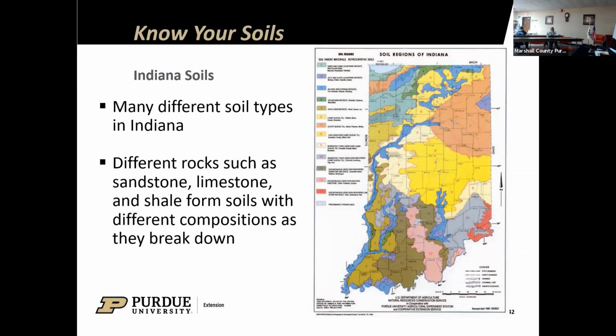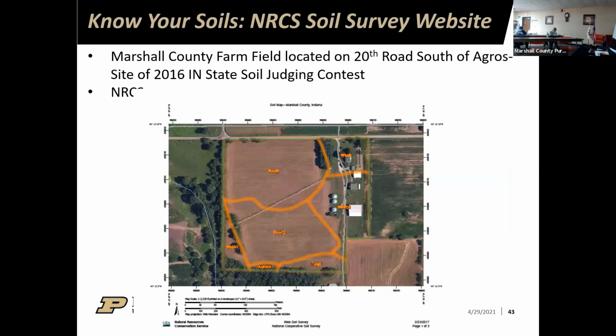And then there are just different types of soil. So we need to know what soil we're working with. I thought I would show the Marshall County farm field located at 20th Road south of the Argos site, where we had our 2016 Indiana State Soil Judging Contest. This was collected from the NRCS soil website.